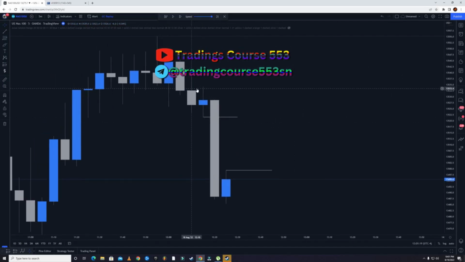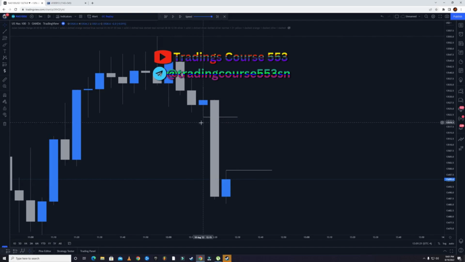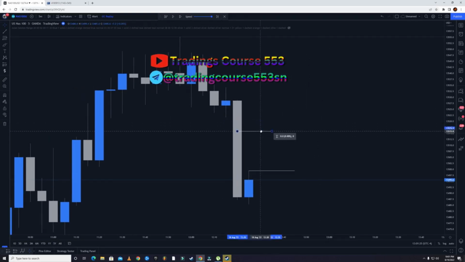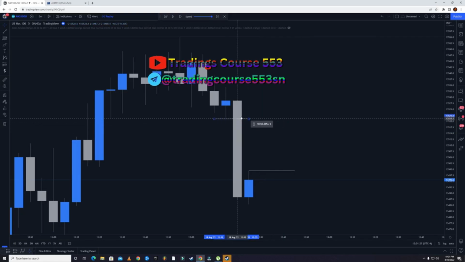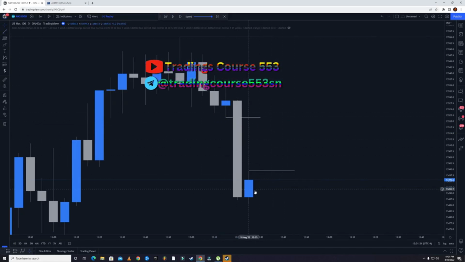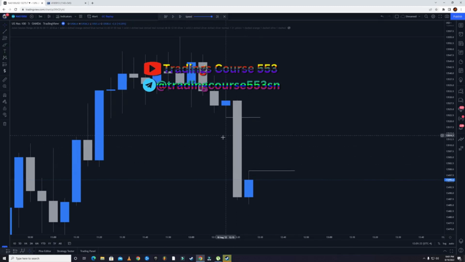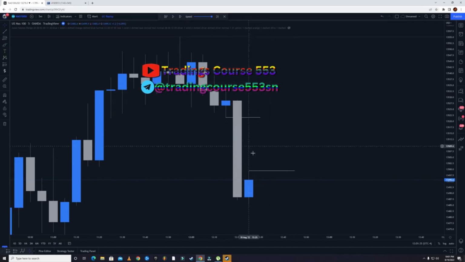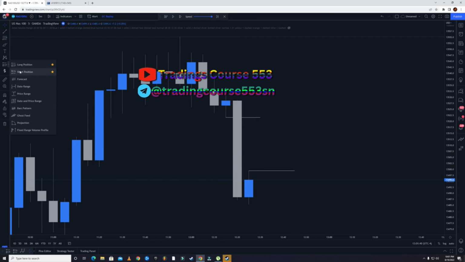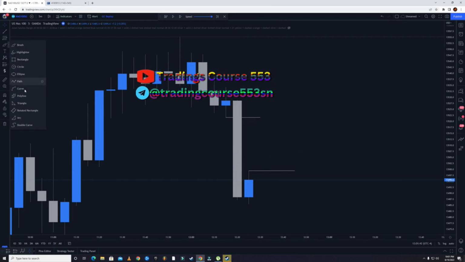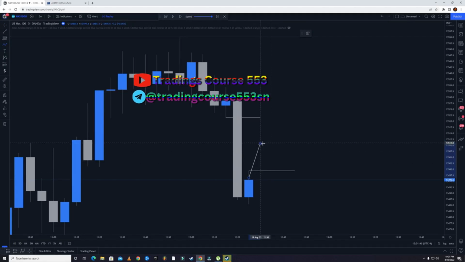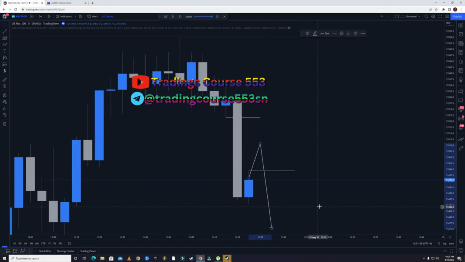Okay, so as you can see, what we discussed, when we're looking for a short position, we look for the low of the first candle, which is this. As you can see, there is a wick. So this is the low of the first candle, and then we look at the high of the third candle, and there you can see there's a gap around this level. What we should be expecting is that price is going to fill this level, this imbalance, and go down.